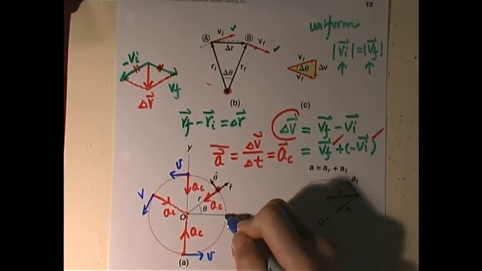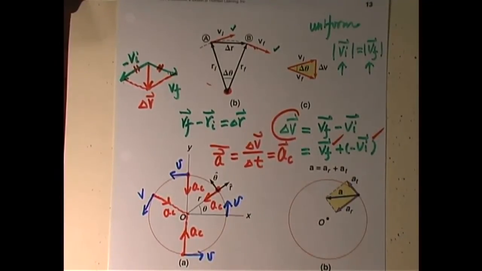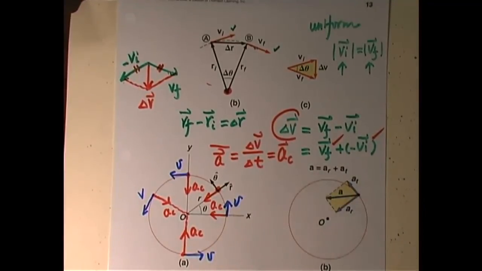So you can imagine when we come here, the velocity will be tangential and the acceleration is centripetal. So at any location, velocity changes its direction and acceleration also changes its direction.